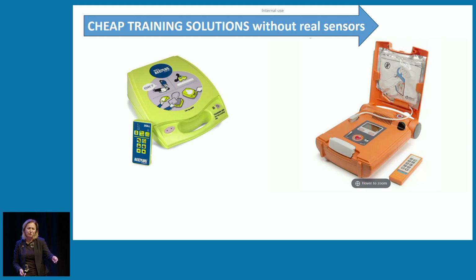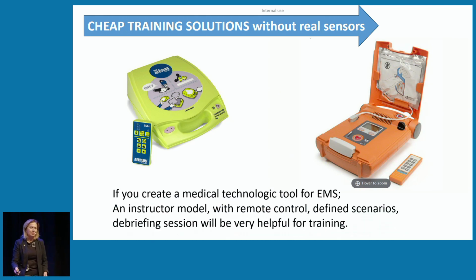Again, the same for the automated external defibrillator, which has a remote control, so the instructor can change the scenario. So you need to create a medical technology tool for EMS, an instructor model with remote control, defined scenarios, and a debriefing session.